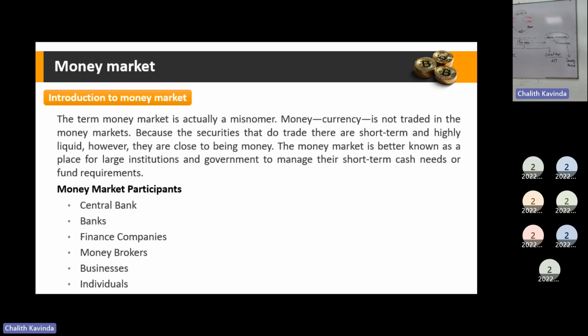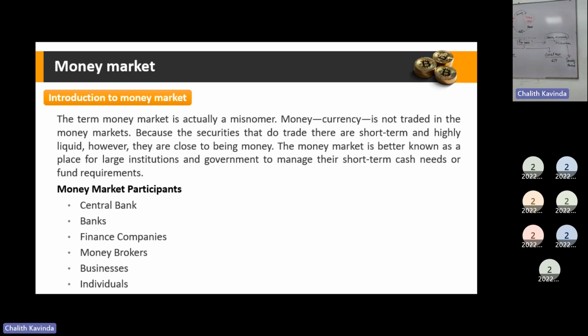And these are the participants of money markets. We have the central bank, other banks, and finance companies. How many banks are there in Sri Lanka?